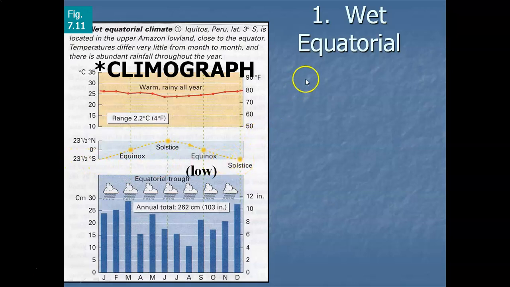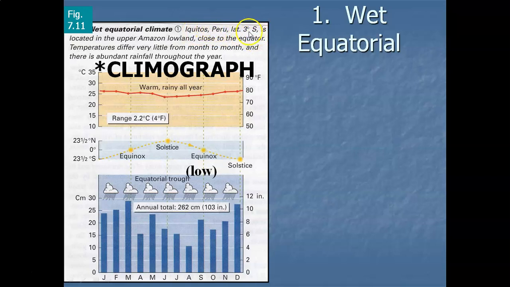Okay, so the first climate is called the wet equatorial climate. And as I had mentioned, we're just going to number them for organizational purposes. Now, for each of these world climates, what they've chosen is one weather station to represent all other locations of this climate. And so here we are in Iquitos, Peru, 3 degrees south latitude near the equator.